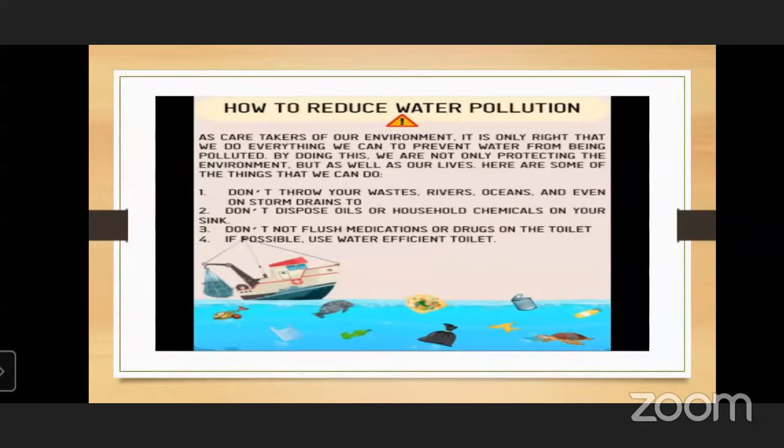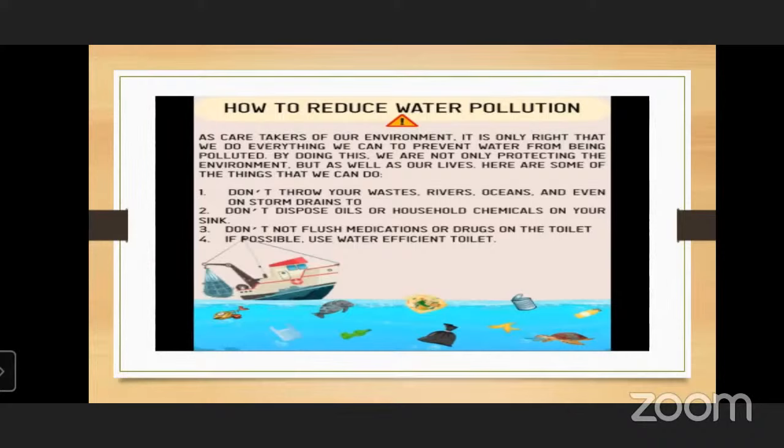There is water pollution. Yes, when we throw garbage in the water, it causes water pollution. Also it damages the fish. That is why the fish have gone, because of water pollution.